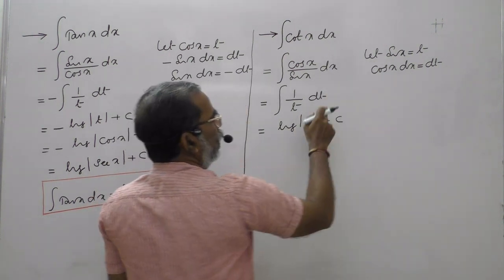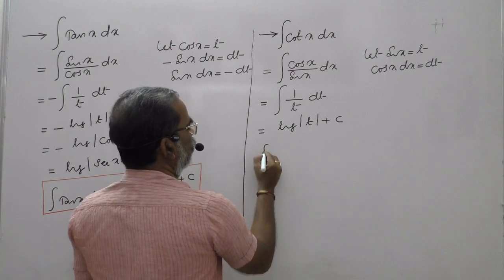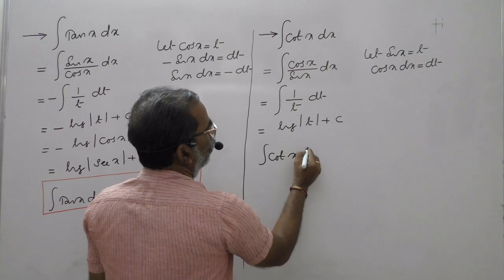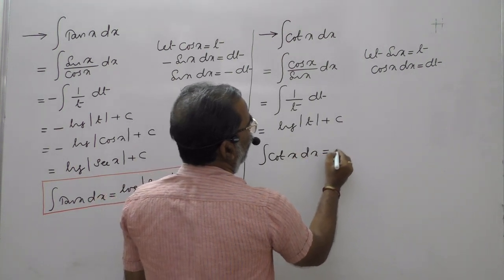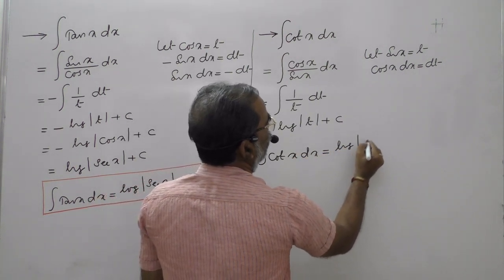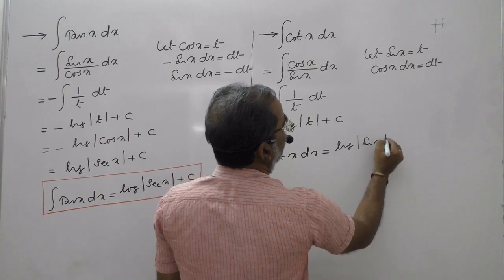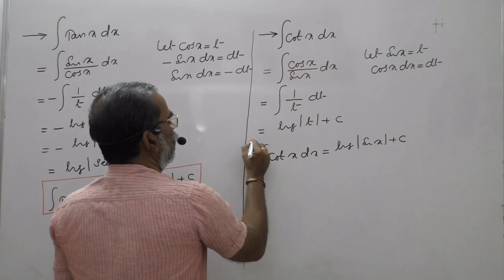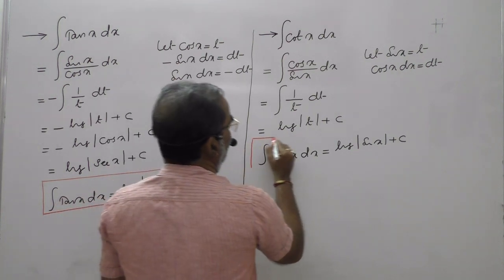What is t? t is sin x. Therefore, the integral of cot x dx is log of mod sin x plus c.